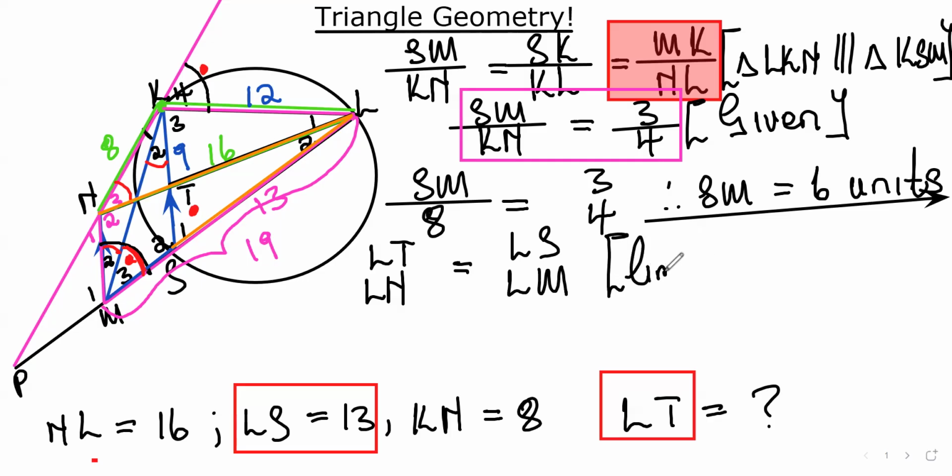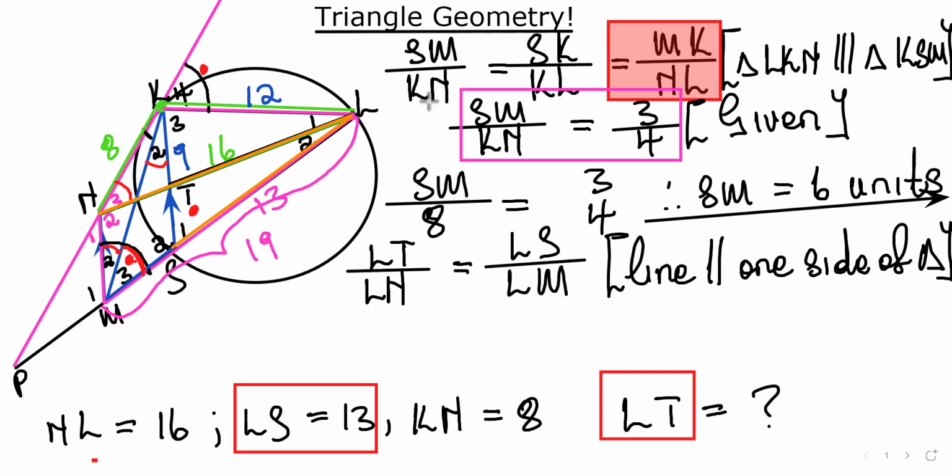And of course, using the reason that I like, we say a line is parallel to one side of a triangle. Now we are looking for LT, but LN was given to us as 16.